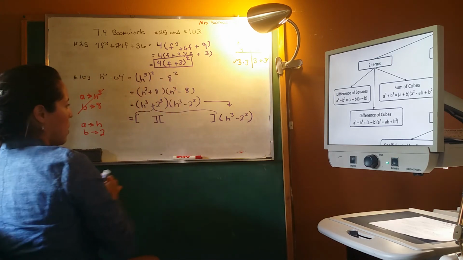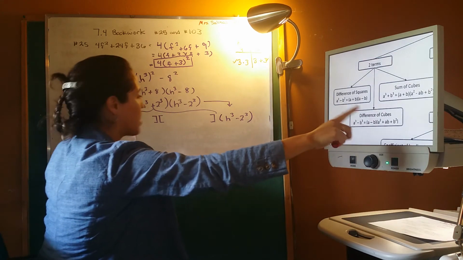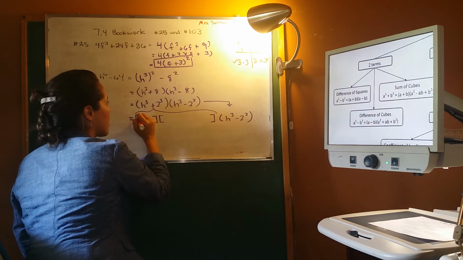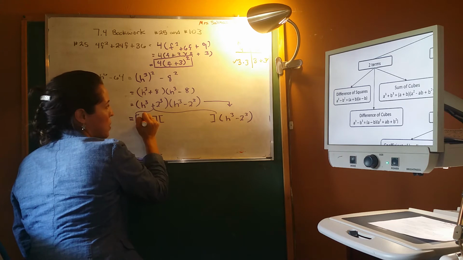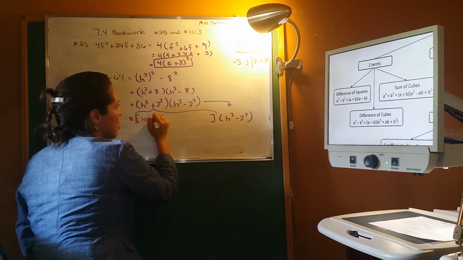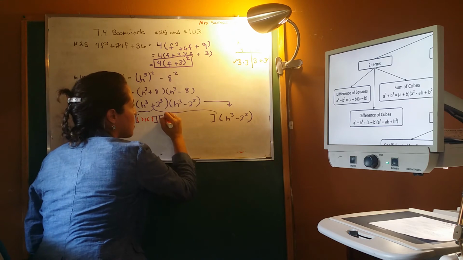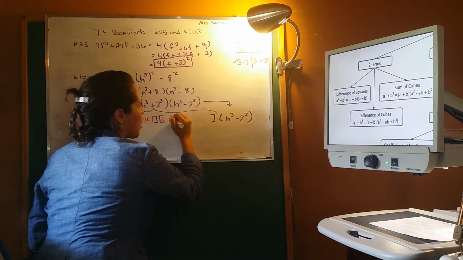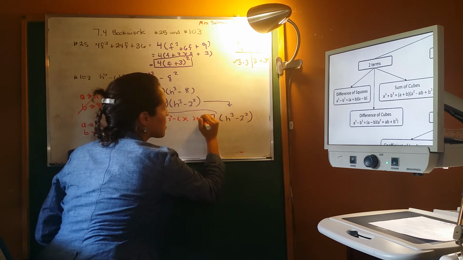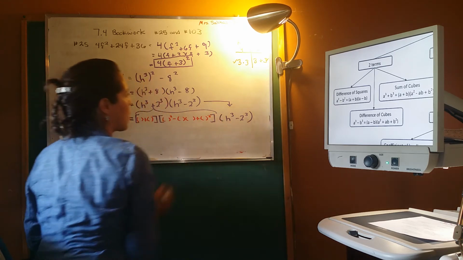All right. So following my sum of cubes formula, it says we're going to go ahead and do A. I'm building my skeleton, right? So I've got sum of cubes, A plus B, and then it's going to be A squared minus AB plus B squared.